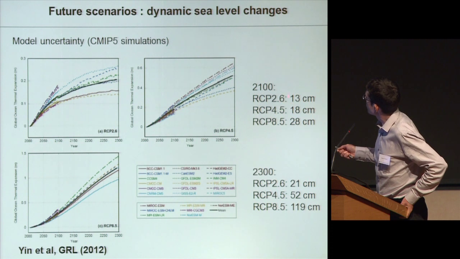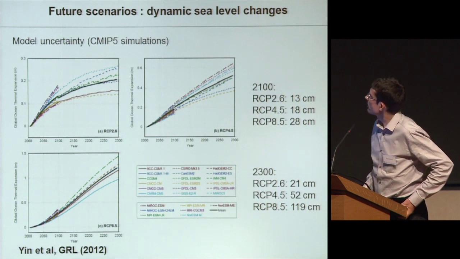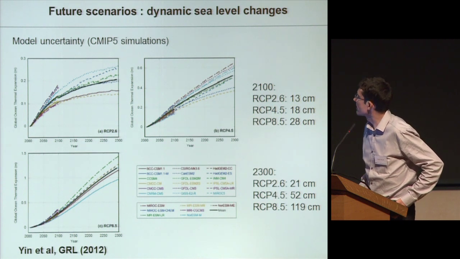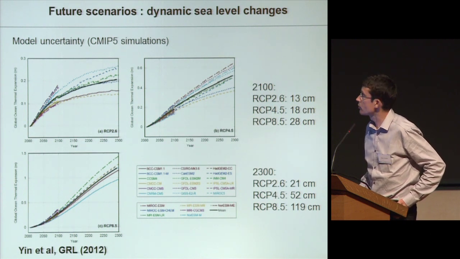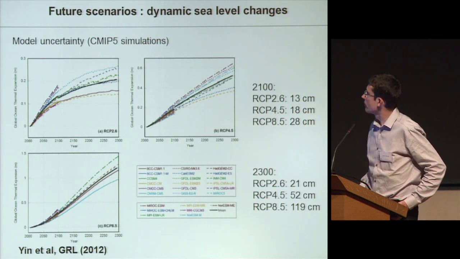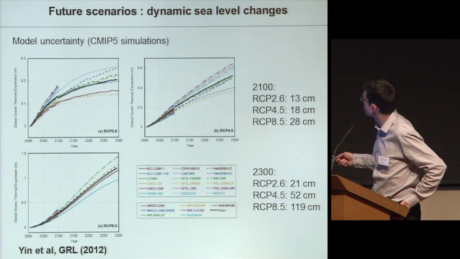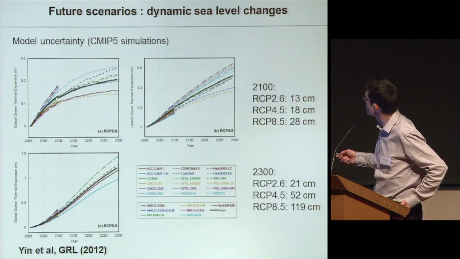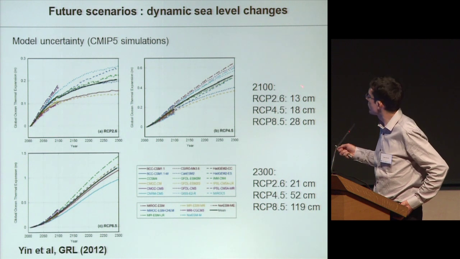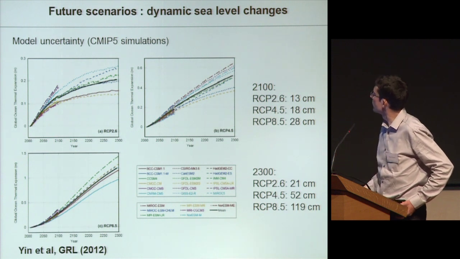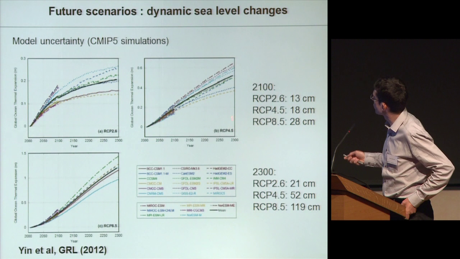So 13 centimeters, that's dynamic sea level change, which includes steric effects, ocean expansion, but also to some extent surface melting from ice sheets and big glaciers for some models in the coupled system, and then 18 centimeters and 28. So these three estimates are not very different from each other for 2100.